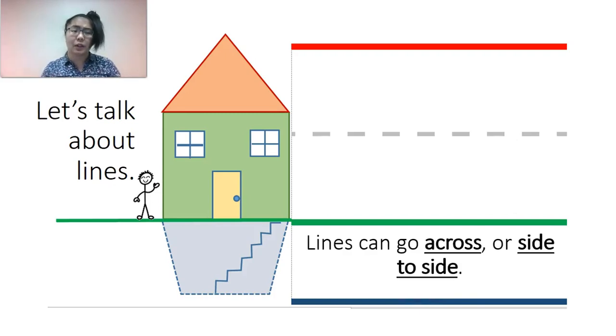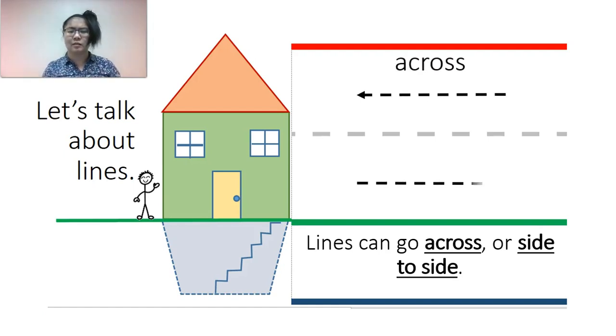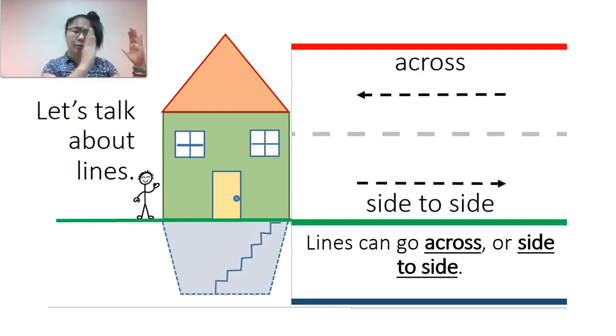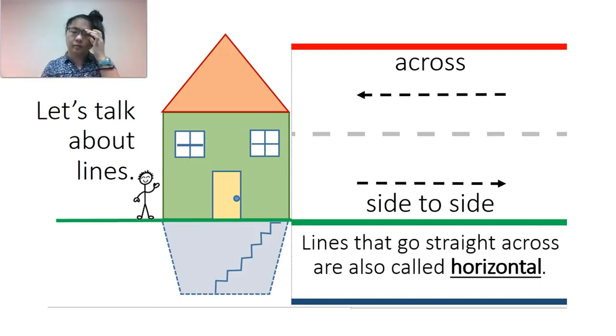Now lines can also go across or side to side, from one side to another side. Lines that go straight across are also called horizontal. Horizontal. So we have vertical and horizontal.